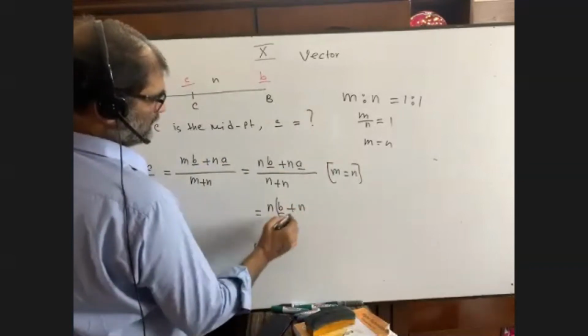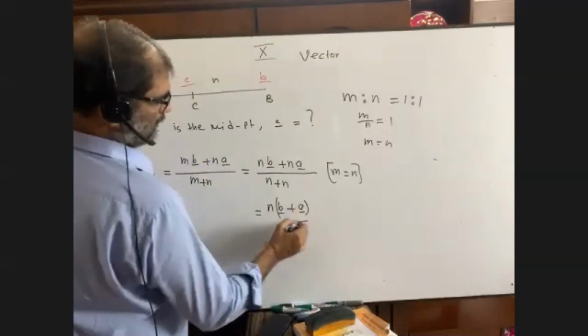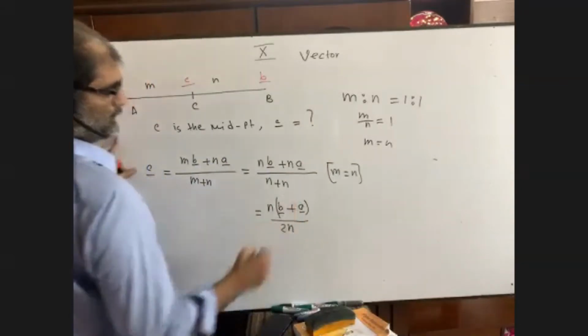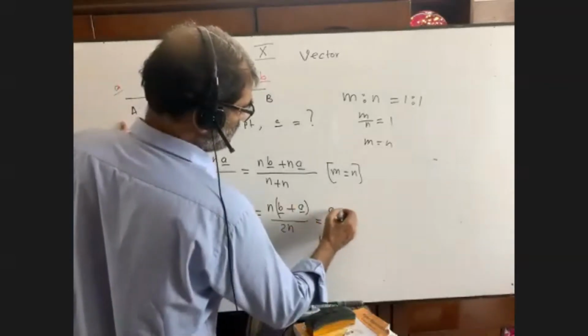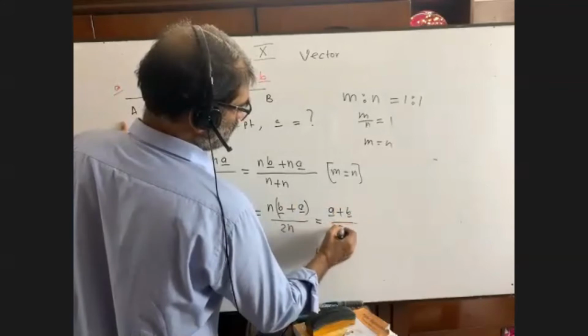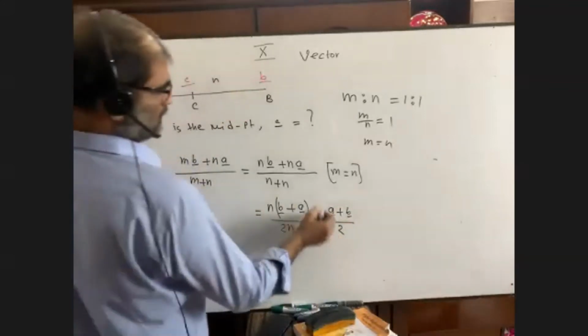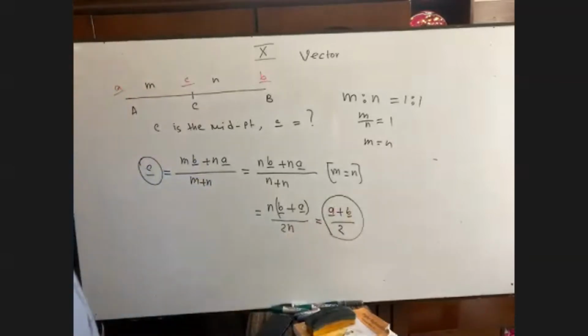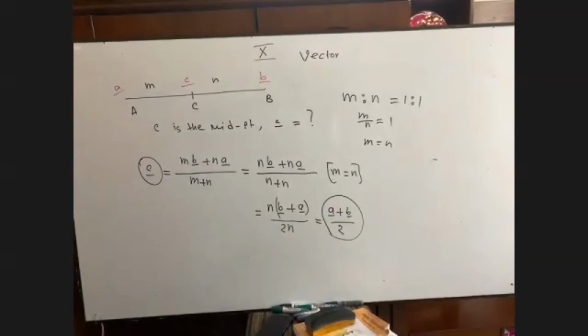We can take common N. N of B plus A by 2N. So N will be omitted. So we are left with A plus B by 2. This is the formula. For midpoint, this is the formula. If C is the midpoint, then we get this result.